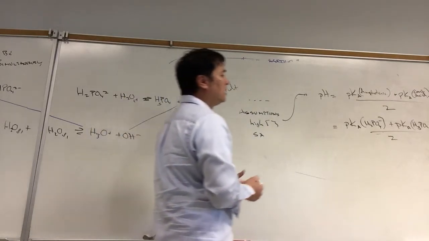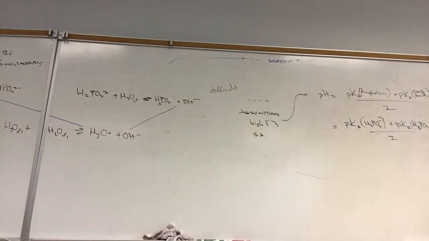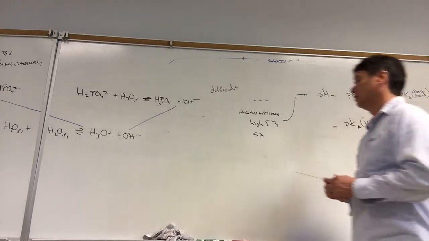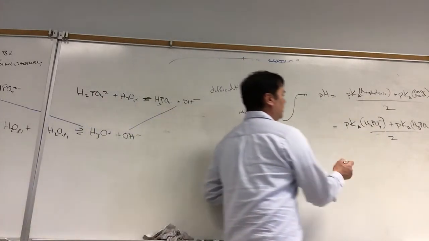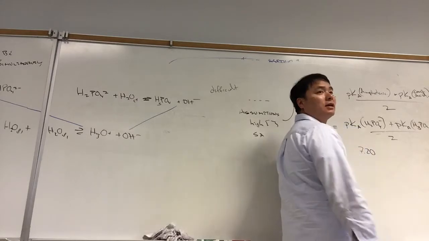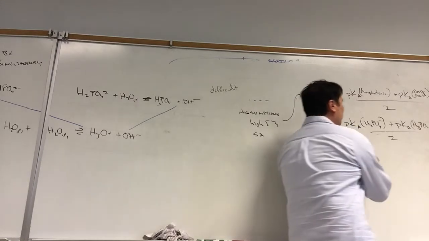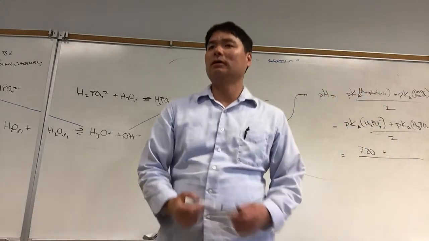The pKa is just the negative log of the Ka. And so the pKa for H2PO4 minus was what again? I know the number already. It's 7.20, plus the pKa for H3PO4.